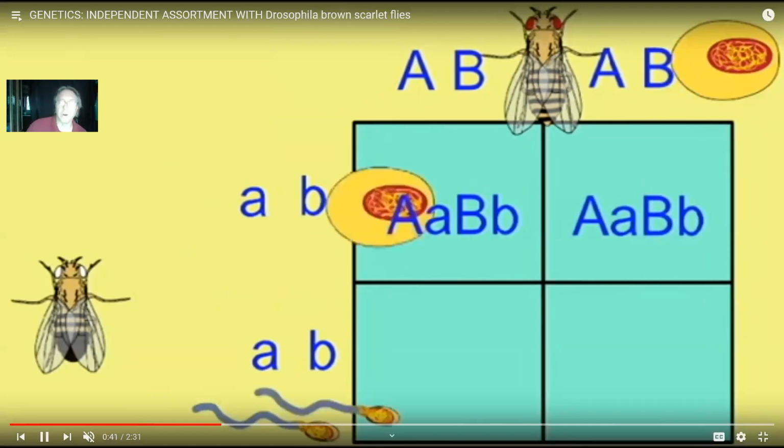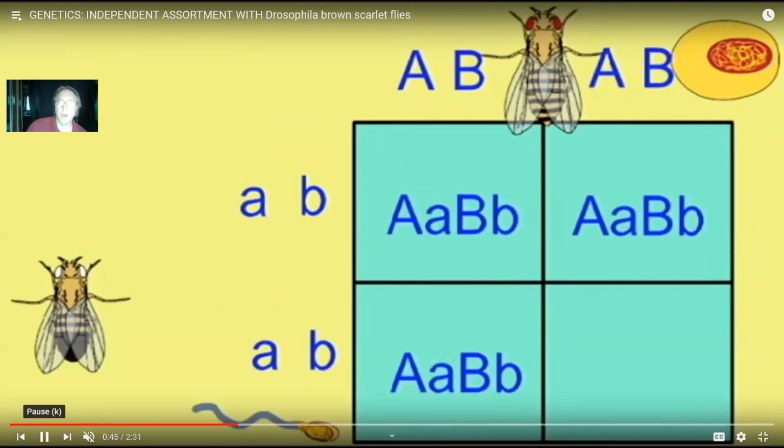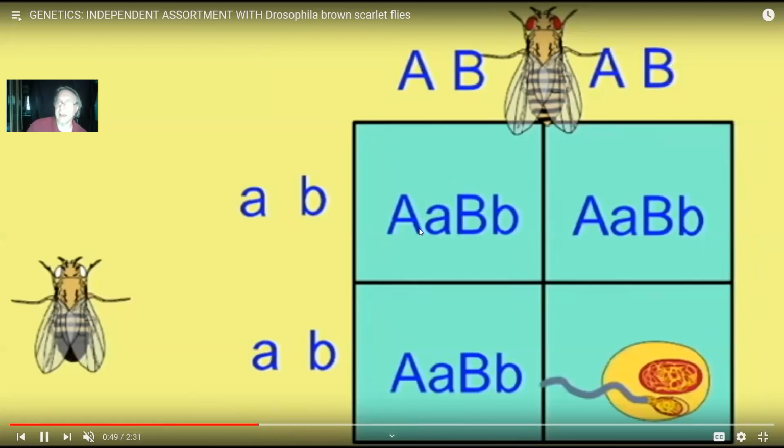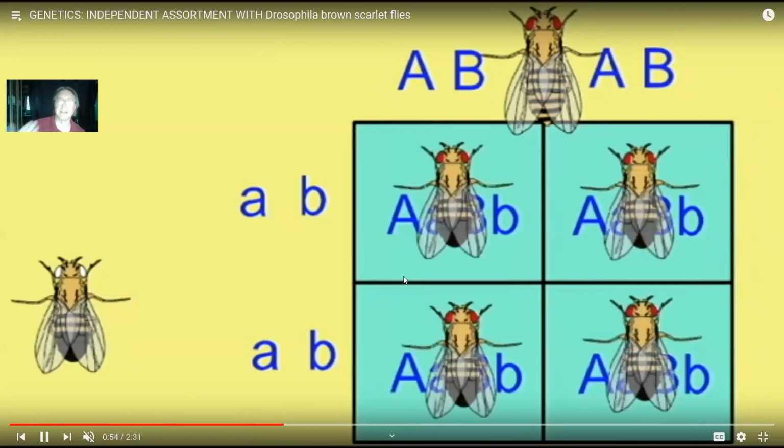If we then ask, all right, well, then what happens? Well, if a sperm, which carries a recessive A and a recessive B, fuses with an ovum, which has a dominant A and a dominant B, then the offspring have dominant and recessive alleles for both A and B. They are doubly heterozygous. They are dihybrids. Right?